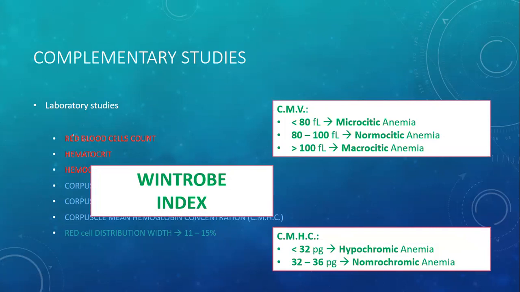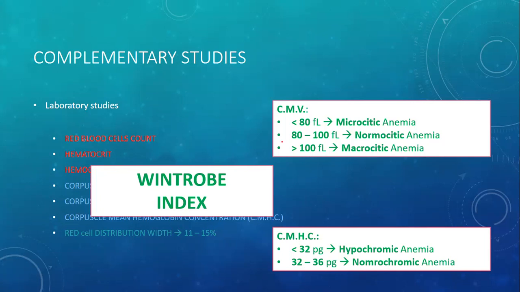If you only have these three, the red blood cell count, hematocrit and hemoglobin, you can use them as components of these formulas and get your CMV, CMH, CMHC, okay? Sometimes here in La Paz, I've seen some lab reports with only the values that are in red. However, I can get all the others, the next three, with these formulas, okay?